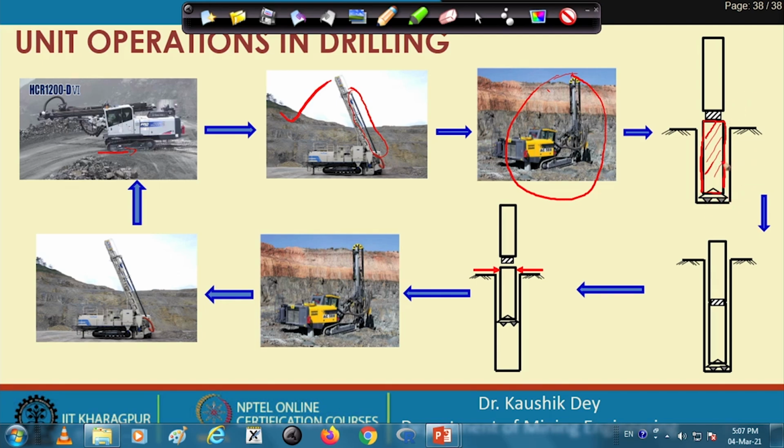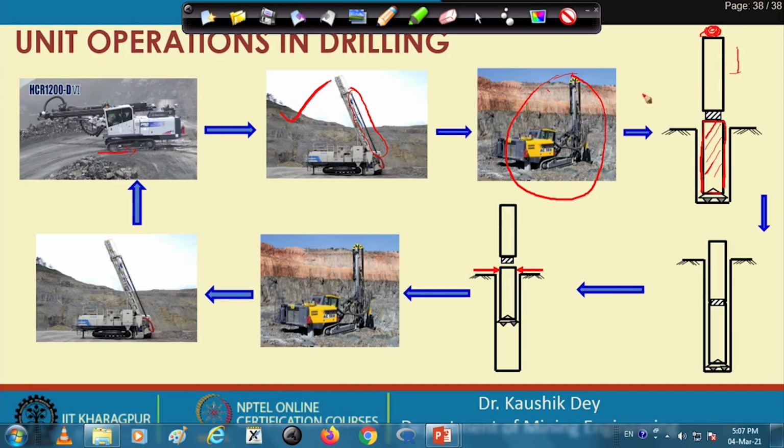Now, for going further with drilling, we need to add the second rod at this position. Either it is taken automatically or placed manually, and the shank adapter has to be rotated again and fixed with it, then further drilling has to be carried out.